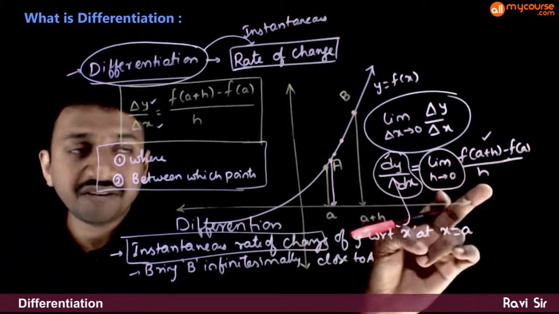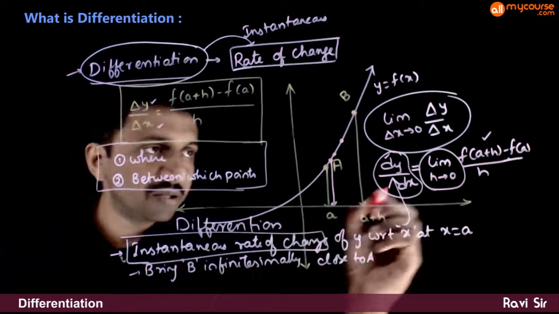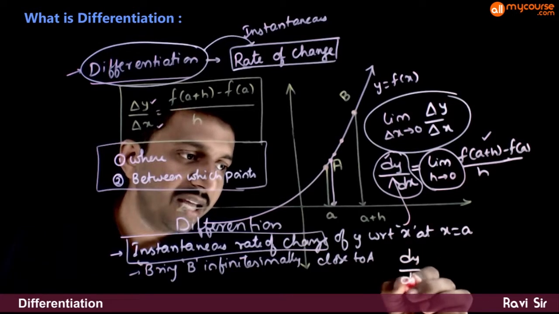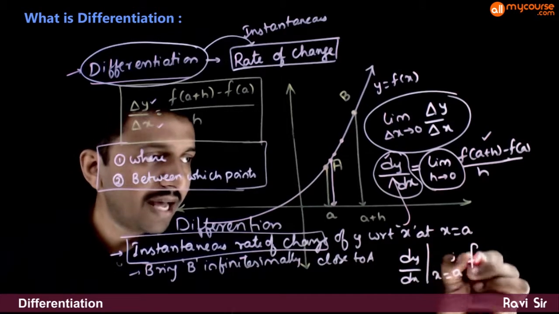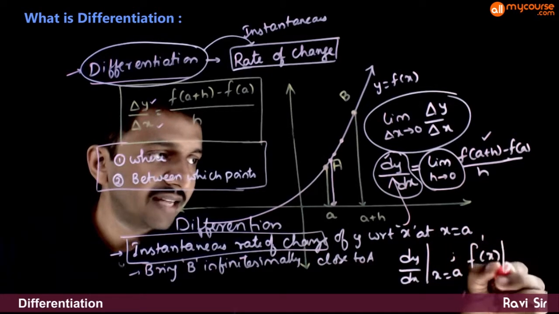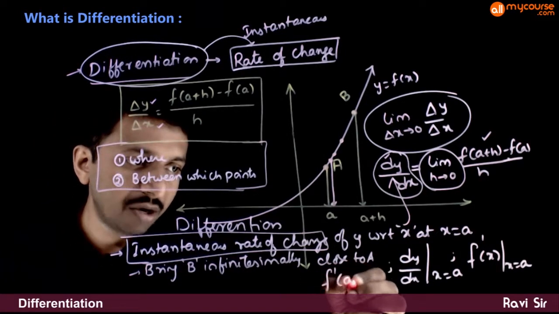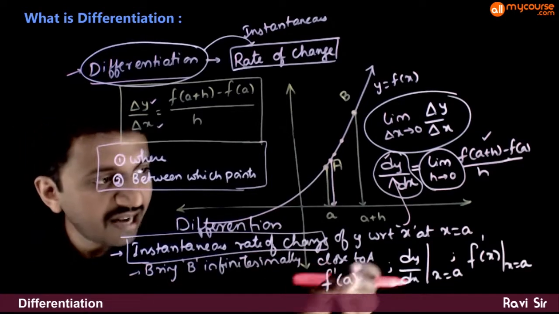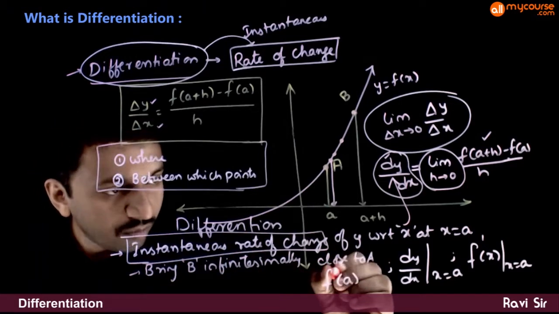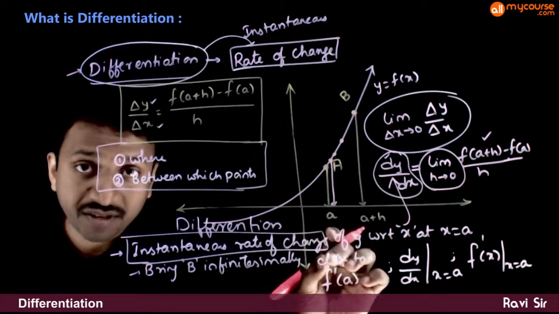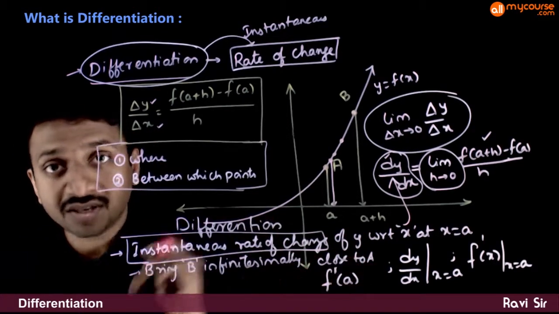So this is the differentiation of y with respect to x at x is equal to A. So we write it as dy by dx at x is equal to A. Or we can also denote it as f dash of x at x is equal to A. Or we can simply denote it by f dash of A. So these are different notations that we use when we talk about differentiation. The superscript dash denotes differentiation.